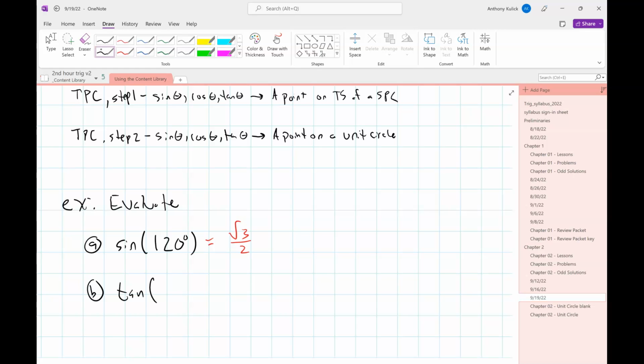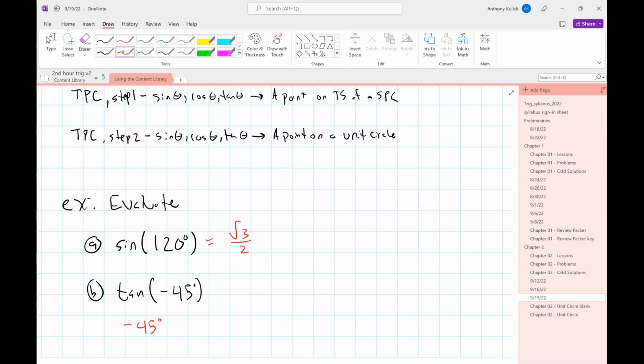So what if I want to do tangent of negative 45 degrees? First thing I'd want to do is take that negative 45 degrees and find something that's coterminal to negative 45 that lies on the unit circle.